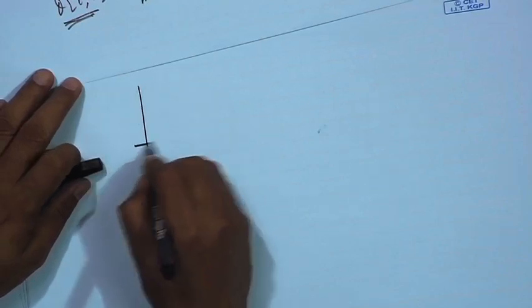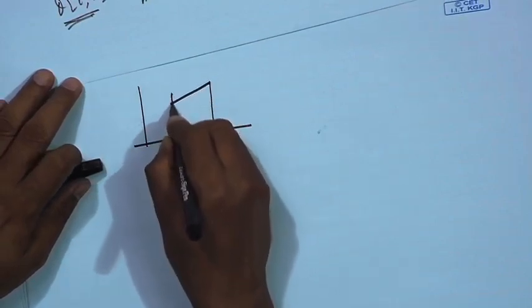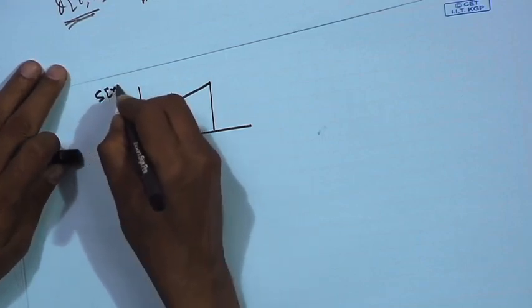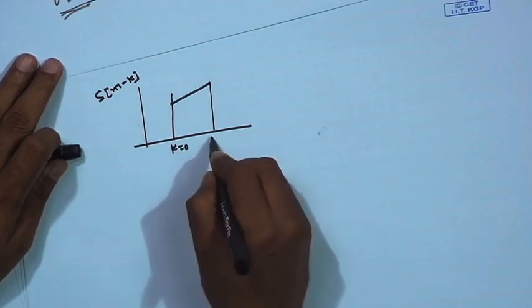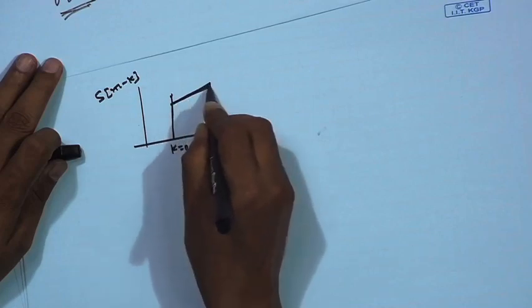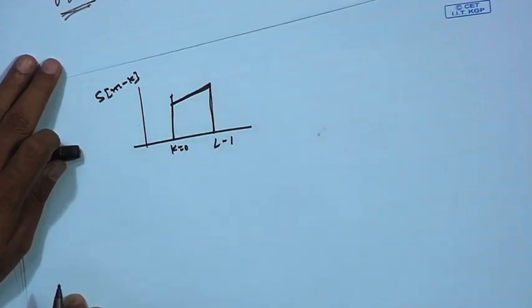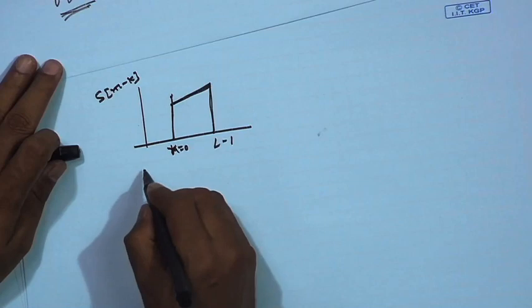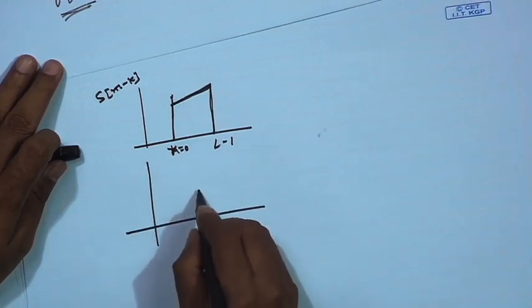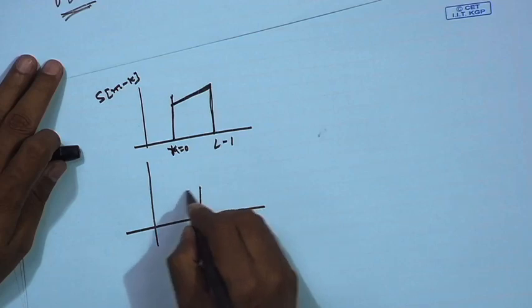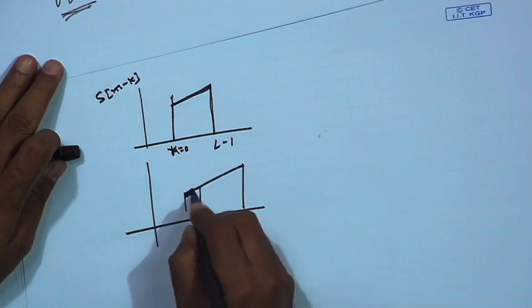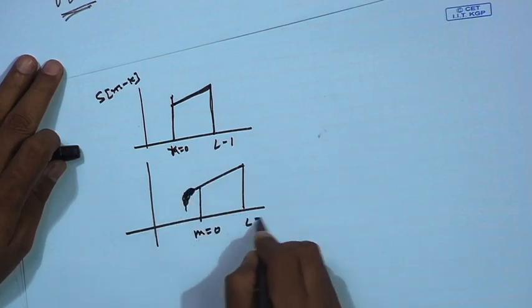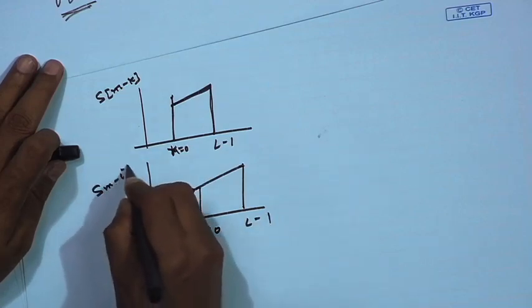Let this be my window, this is S n of m minus k, with m equal to 0 to L minus 1, and let this one be S n of m minus I, also with m equal to 0 to L minus 1.